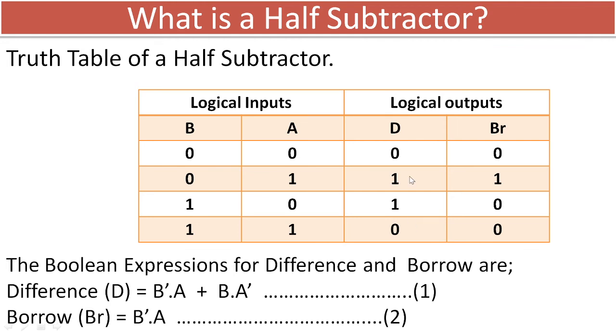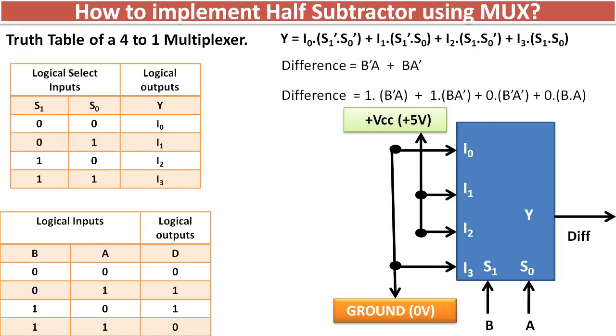So if we write down the expression for difference, it is the same as sum, and the only change that we can see here is the borrow. The borrow is B bar dot A. Now again, if we try to implement this using multiplexer, the same thing happens in case of difference and sum.